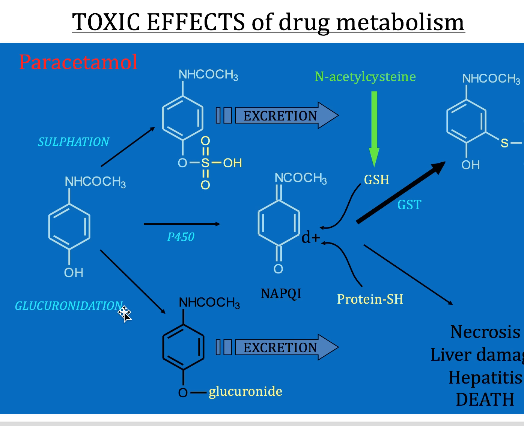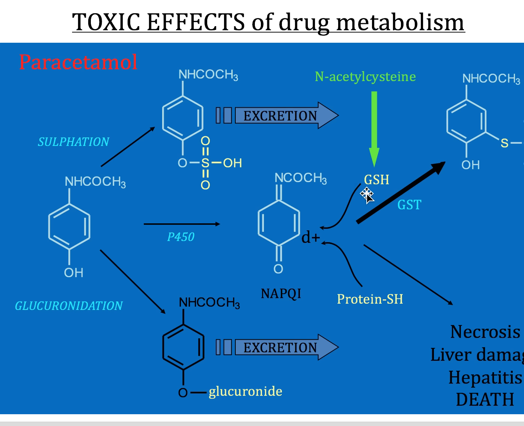This is done by UGT1A1 and UDPGA in order to form the glucuronide. You also have P450, which can dehydrogenate to form NAPQI, and from here you can have what we were looking at previously.